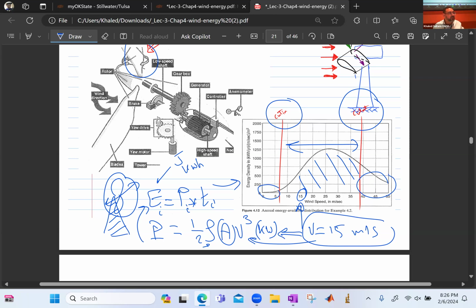Right? So I guess what I'm saying is that at very, very high velocity, don't feel sad. The turbine has a cut-out of like 20 meters per second. What happened? Like we get 21 and 22, that's a lot of power. Yeah, a lot of power, but not a lot of energy. Right? Because the number of hours, so it's not worth it to make it work that far. Okay.